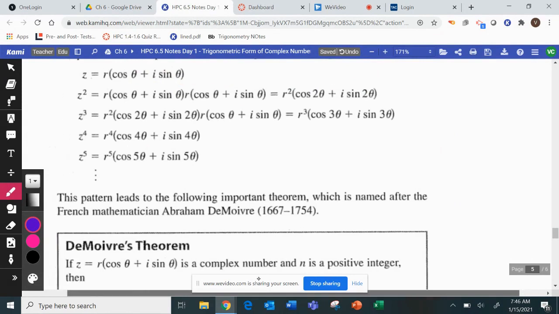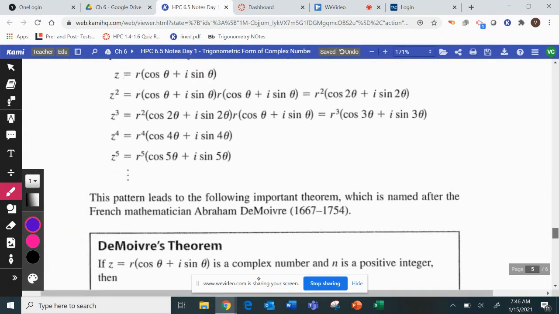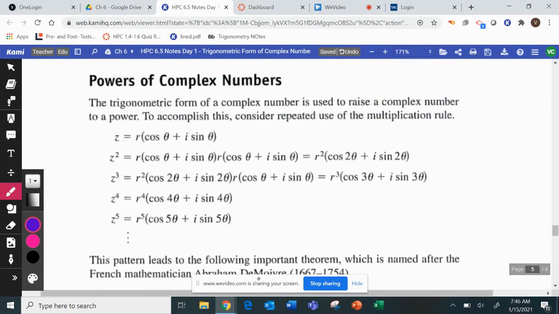Okay, last part that we're going to do is powers of complex numbers. If we were to raise a complex number to a power, we could do that using multiplication.